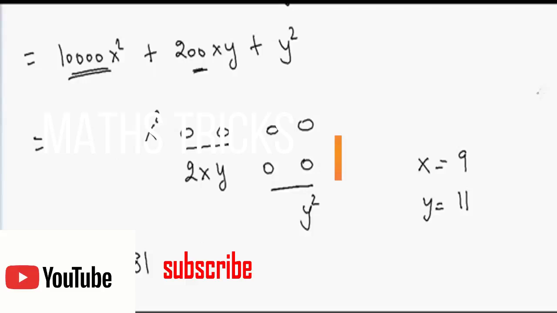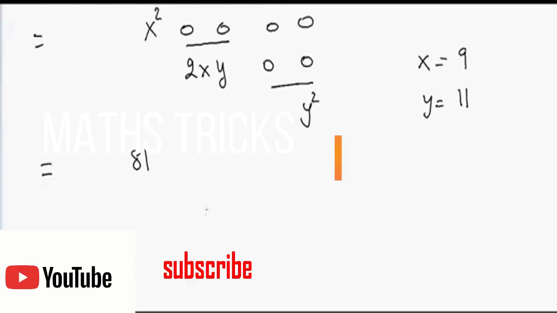And then we have 2xy, so 2 into 9 into 11, that will be equal to 18 into 11, which is 198. So we'll have 198, and then we have y square, so 11 square is 121, so 21 and 1 here, right?